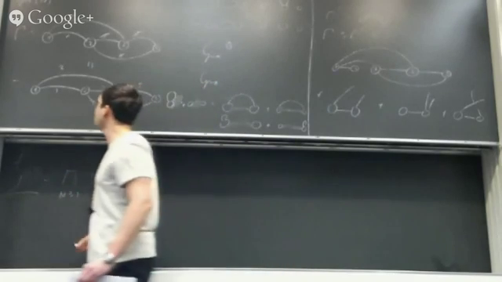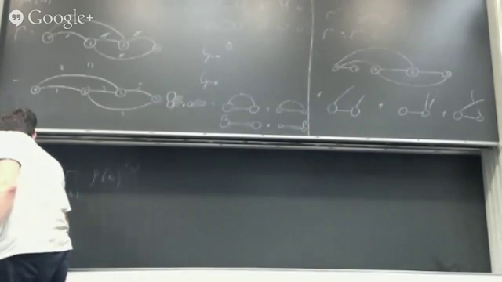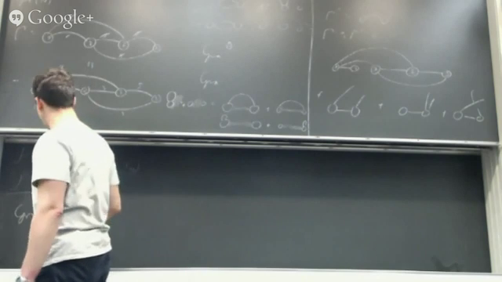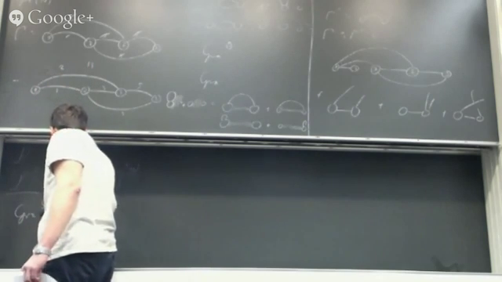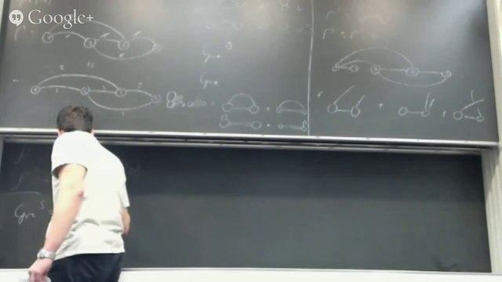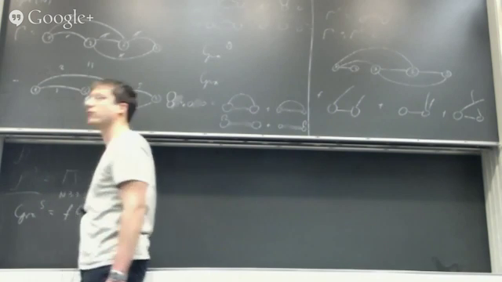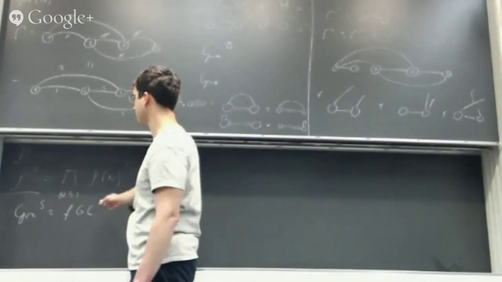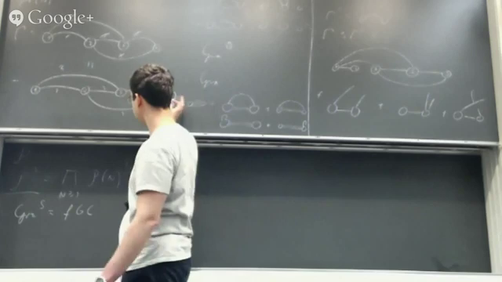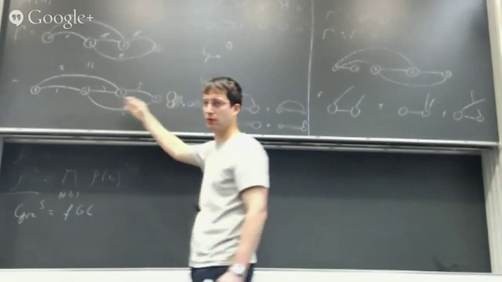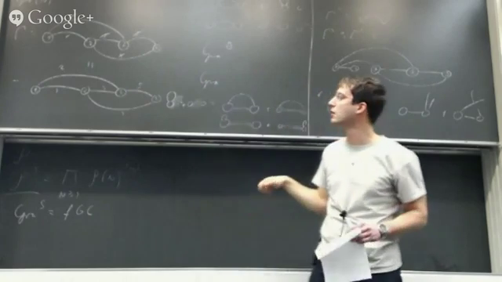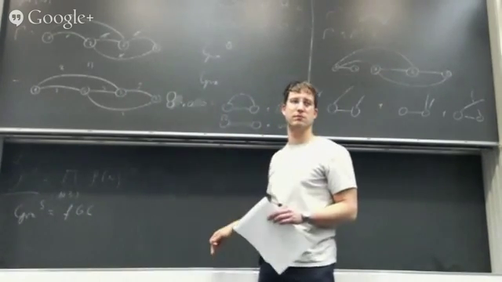So in my case, Gra S will be what I will call FGC, full graph complex. It's just this operad when I forget the numbers on the vertices.